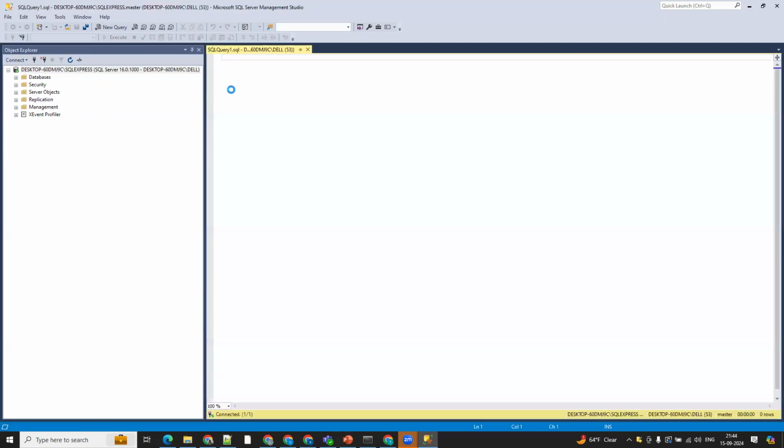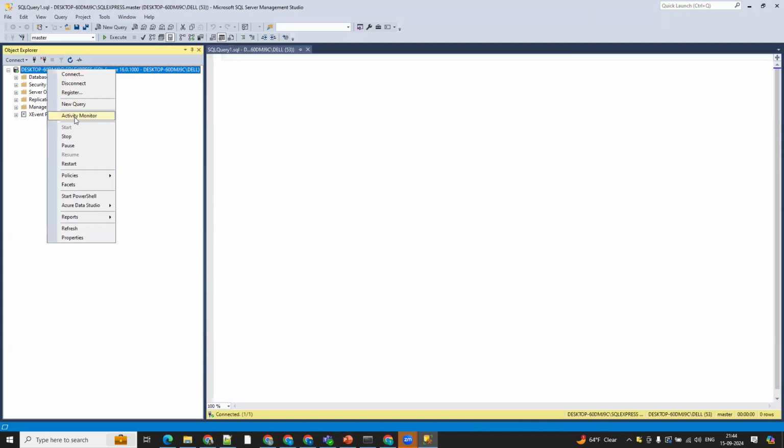See, my database is installed in my local system, and this is just an interface to interact with my database. The moment you right-click here and say new query, it opens one worksheet. What is that worksheet? It's a session.